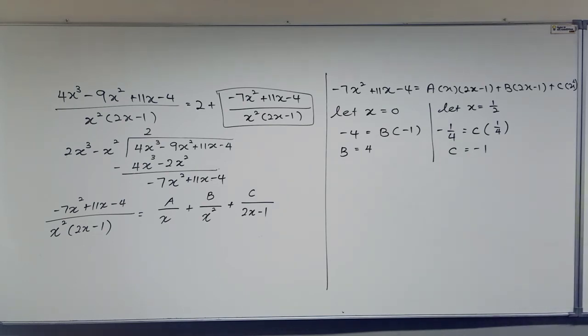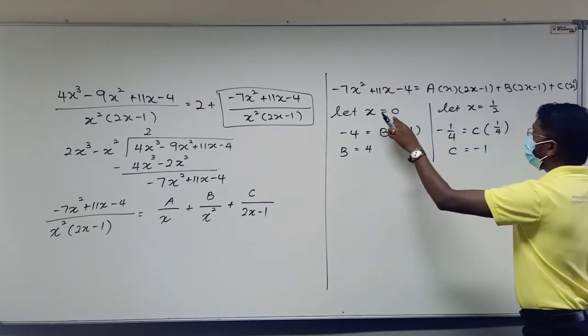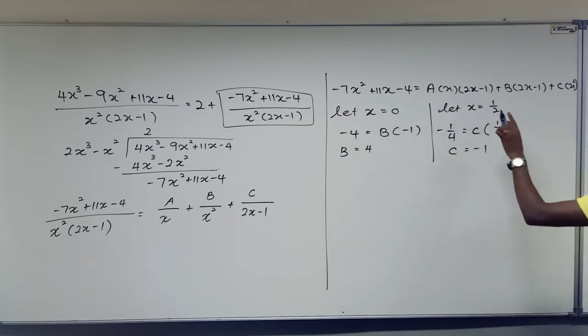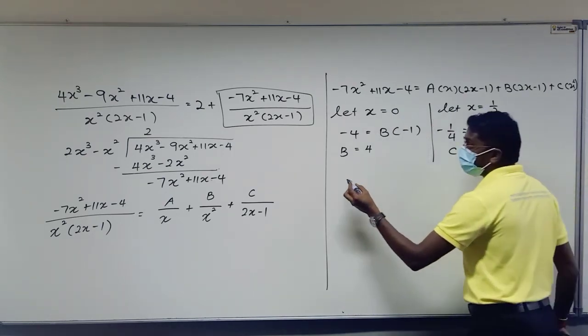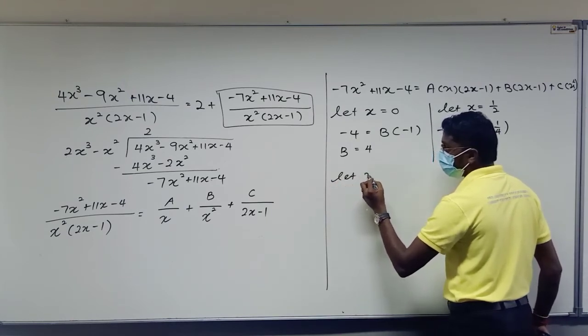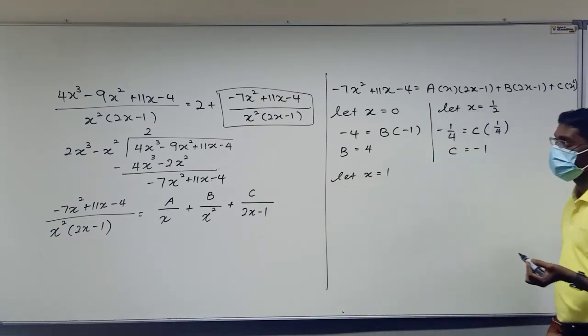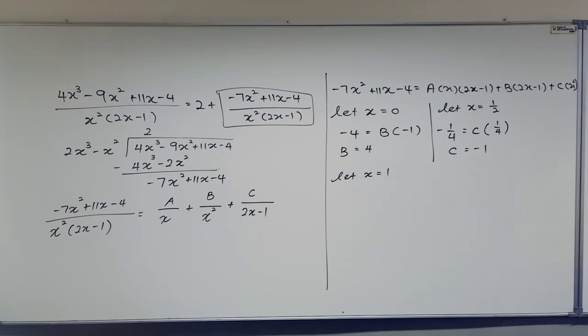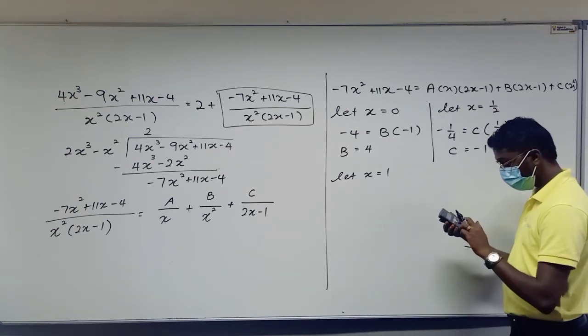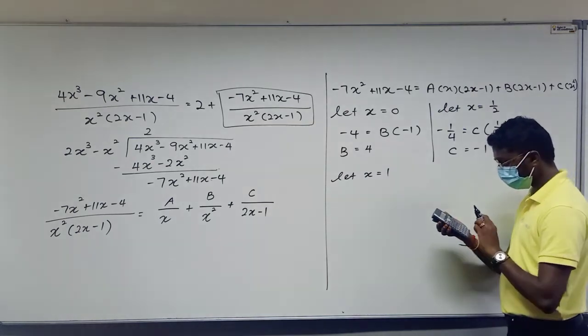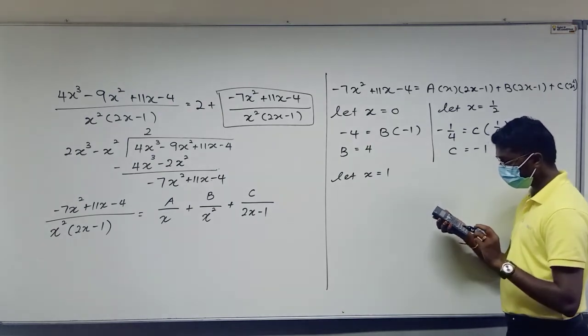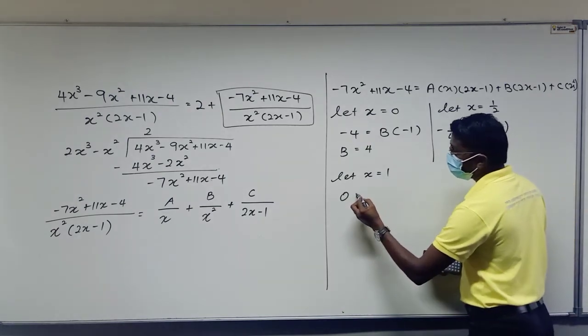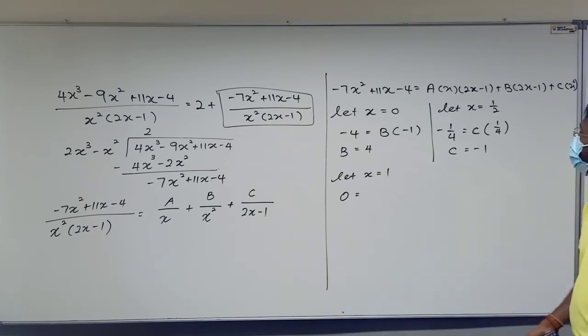Okay, since I already used both the roots 0 and 1 over 2, now we go into a new number which is not a root, so we let x equal to 1. Another new number. Okay, so when x equals 1, my left hand side is 0.